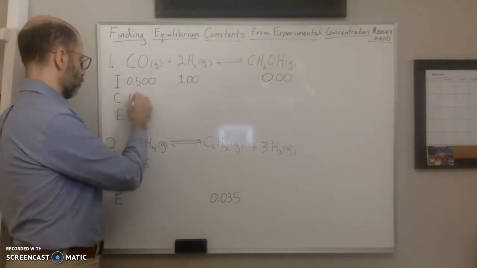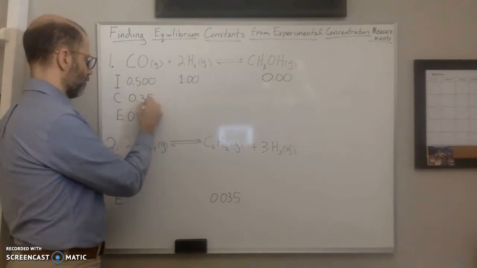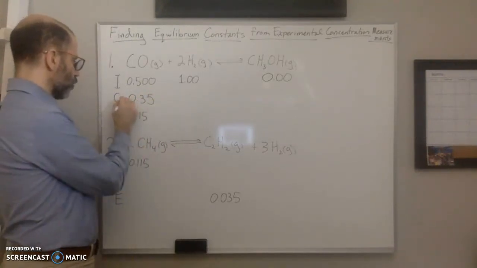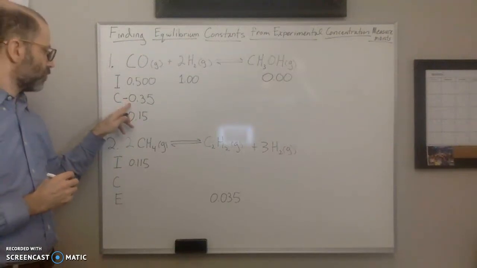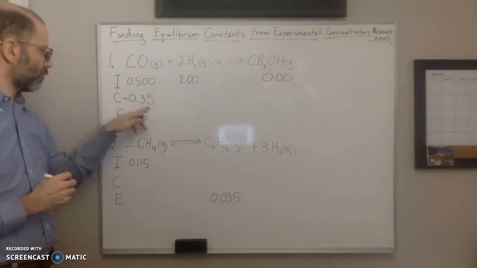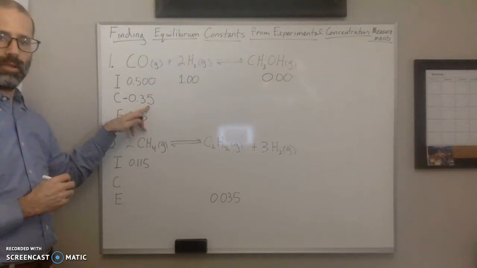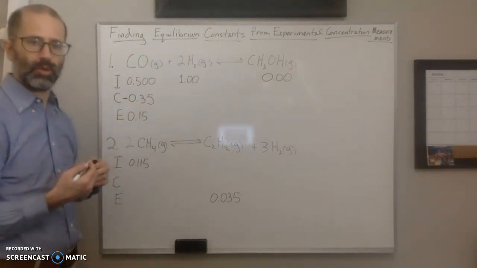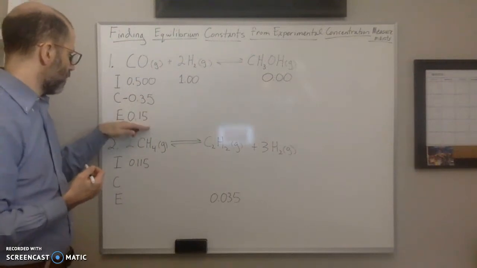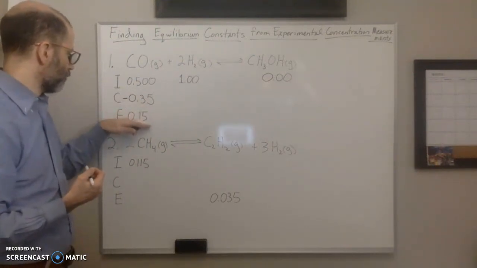So there's a loss, I'll put a negative there. So it lost 0.35 molar, or moles if you want to put it that way, since they're all per liter. It went down by 0.35.